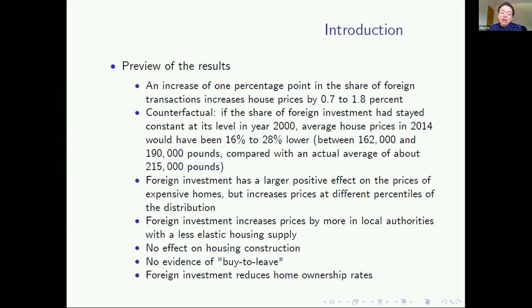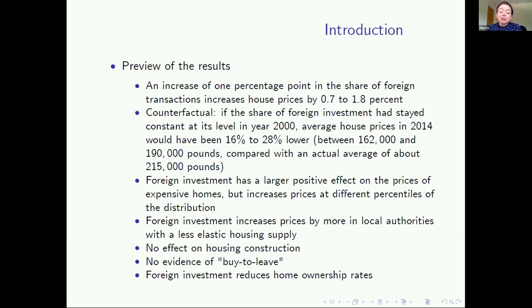And I also see how demand and supply interact. So I look at whether the effect of foreign investment is higher in places where housing supply is less elastic. And I find that indeed house prices increase by more in local authorities where the housing supply elasticity is smaller.